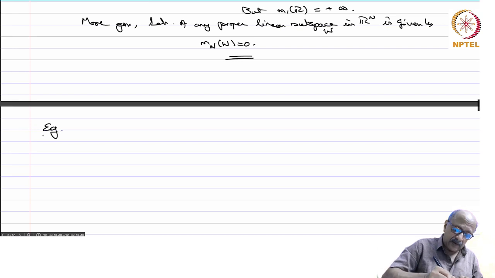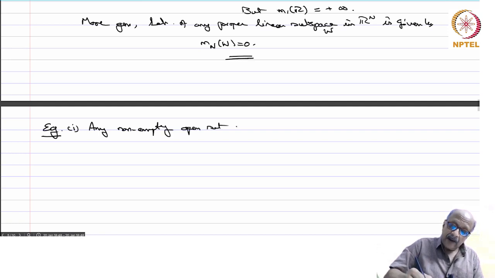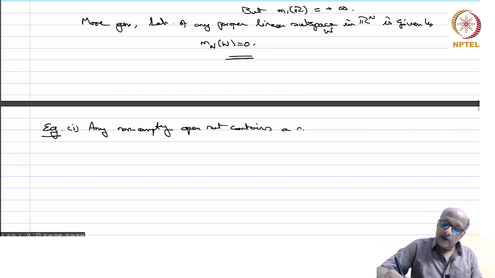Now here's another example where several little things which we will observe. Any non-empty open set contains a non-empty interval.